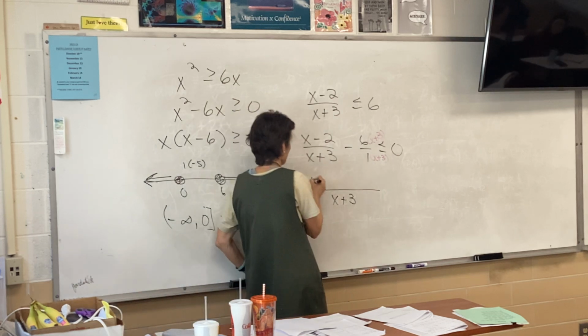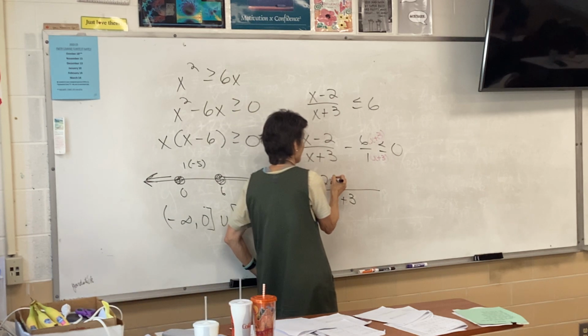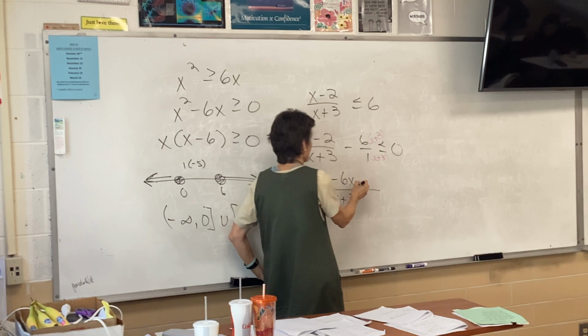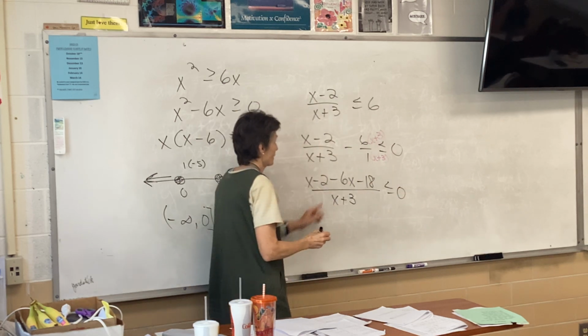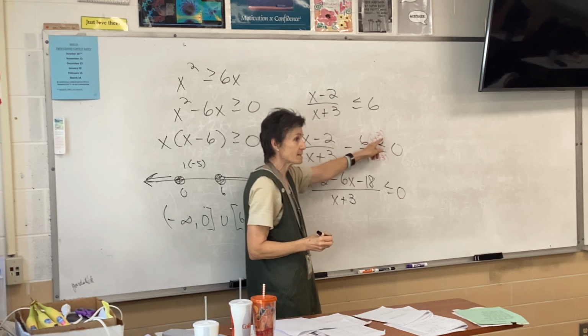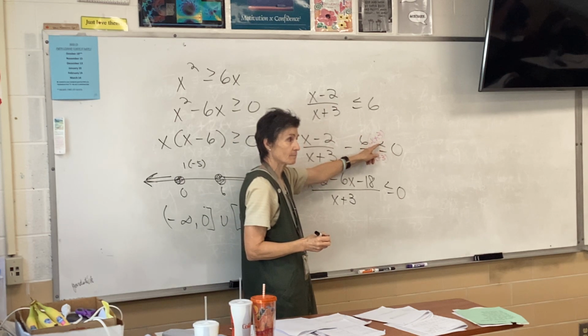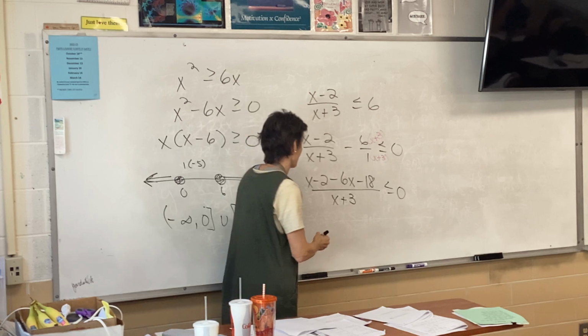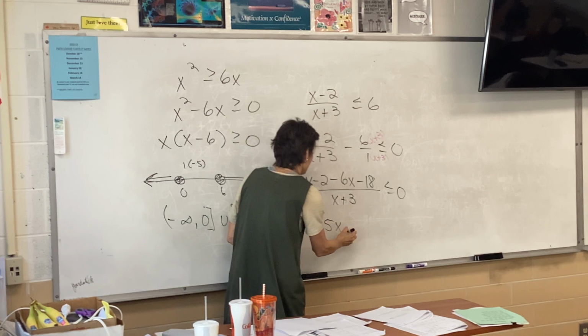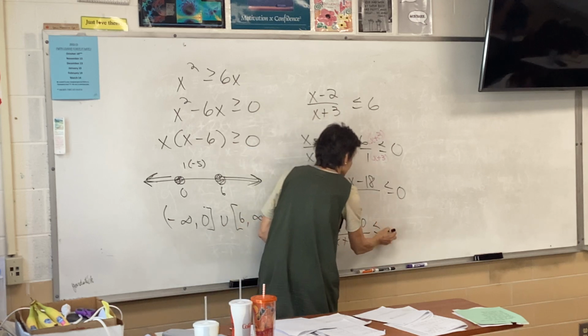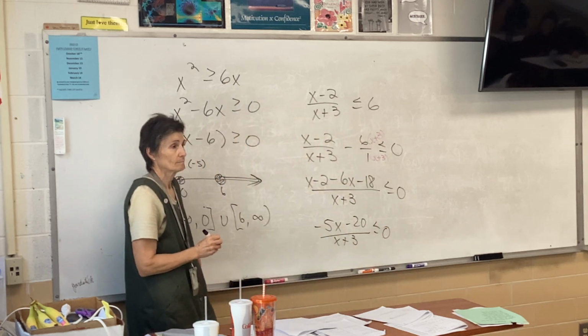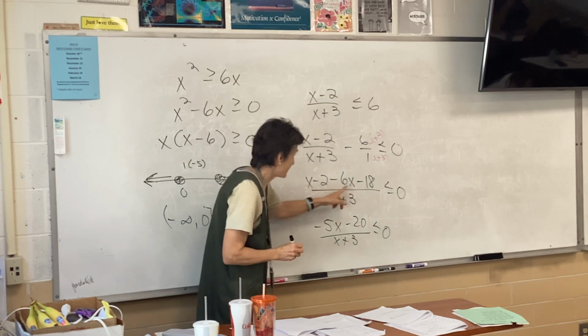The numerator is x minus 2 minus 6x minus 18. Negative 5x minus 20. Collecting like terms, everybody okay with that?